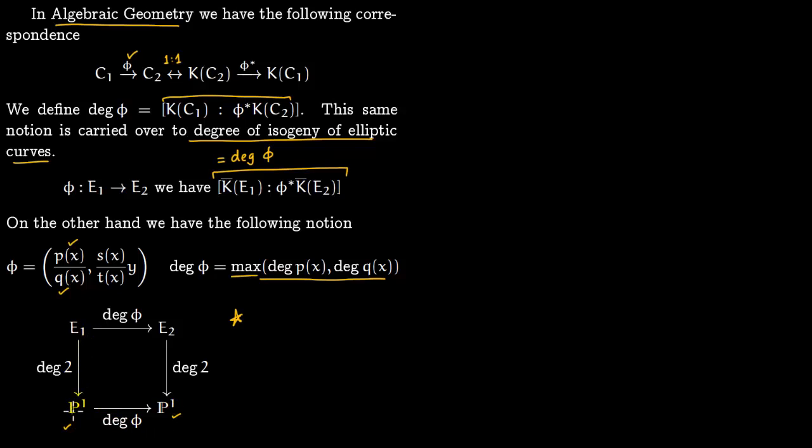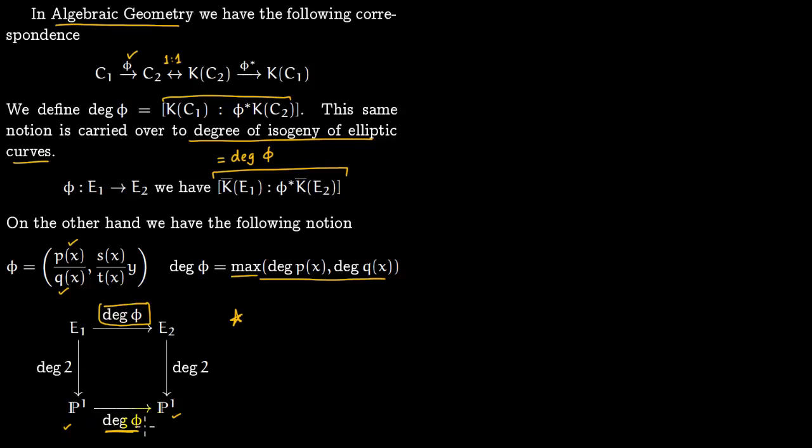What we need to do first is construct a degree 2 map from E1 to P1, here and here. You know that these maps are all rational, so when you compose them, they compose nicely here and here. So this notion will carry over here precisely.